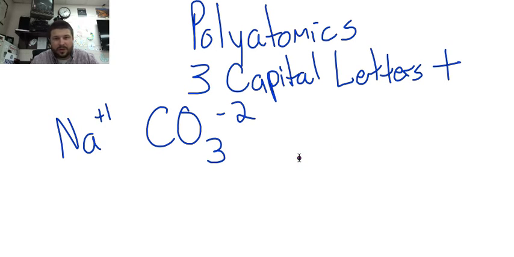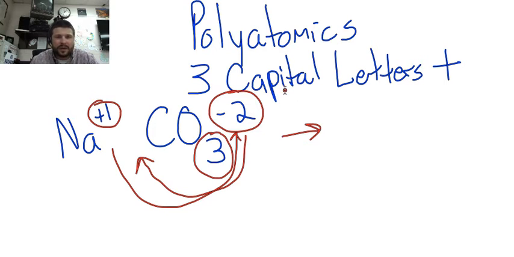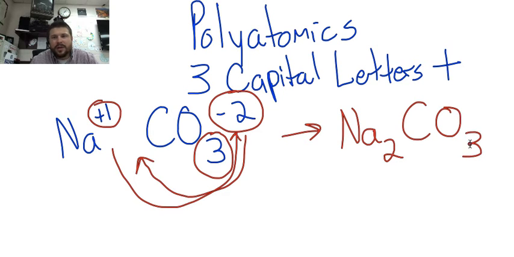All right, so I'm still crisscrossing just like I did in the previous section. Now the thing you're going to be introduced with is numbers down at the bottom. Those numbers stay at the bottom. So I'm going to leave that 3 there. The only numbers I switch are the ones with the charges at the top. All right, so very important there. So that would be Na2CO3, and since it's a 1, I really don't have to put the 1 there. All right, so that's with 3 capital letters with polyatomics.